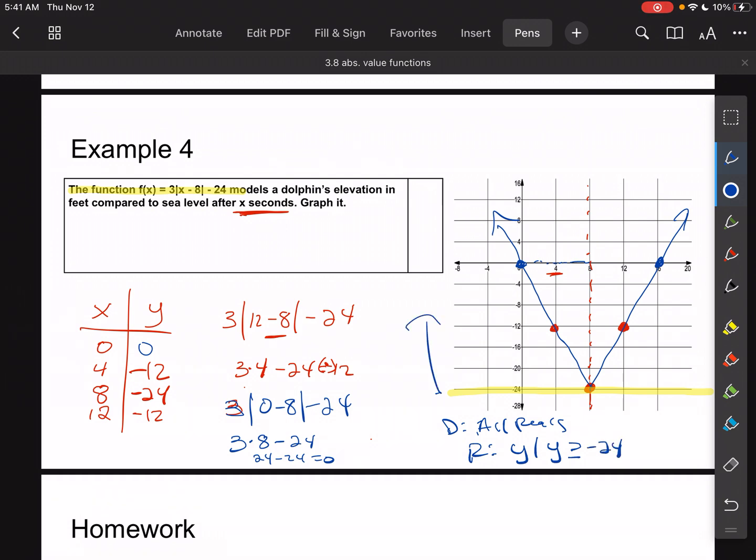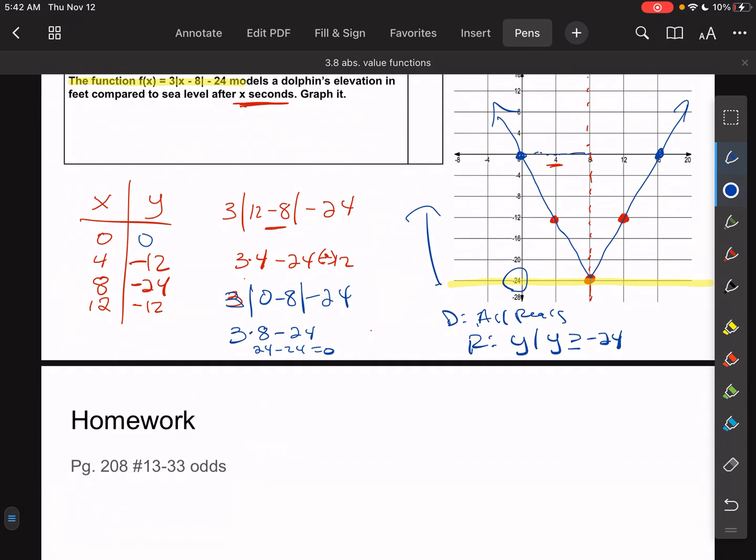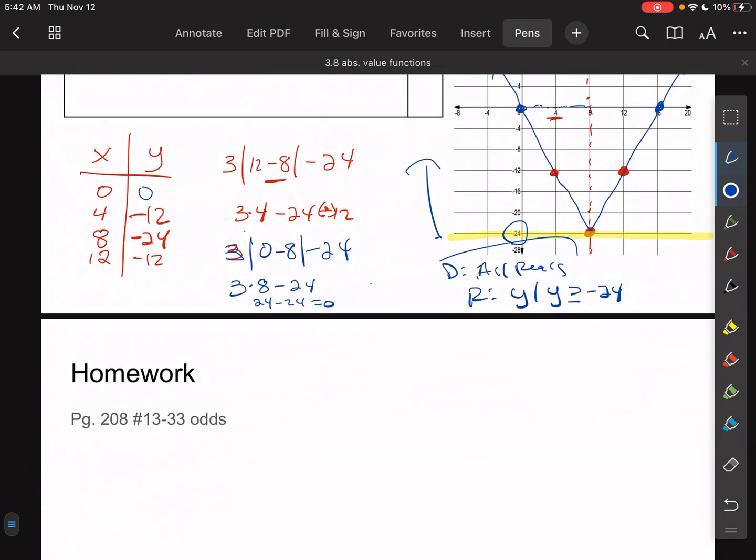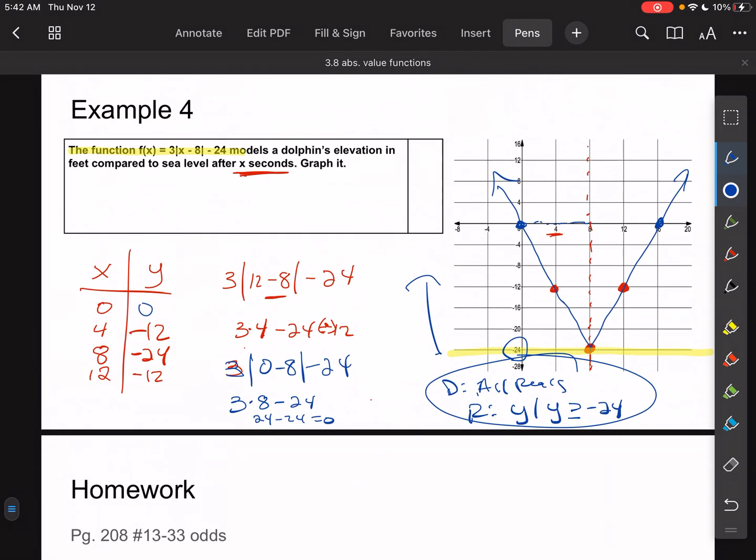It's everything above negative 24. But they don't ask us for that because we're talking about a dolphin, right? And so it would be kind of ridiculous to go off into infinity with dolphins. But anyway, that is how you would find it typically.